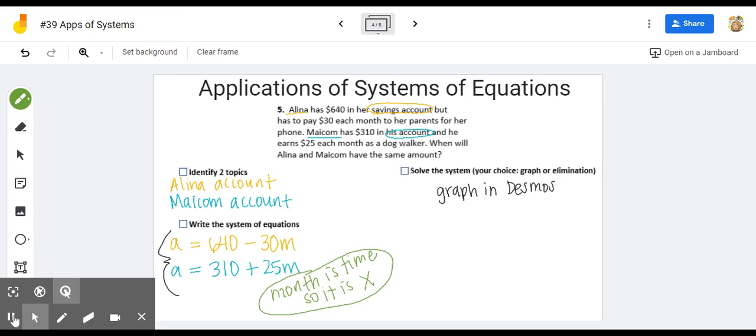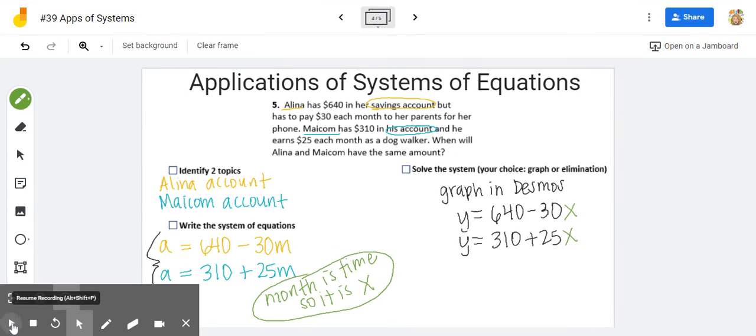Before we can type that into Desmos, though, we have to convert these into X's and Y's. And guys, any amount of time is always going to be the X. So since we're using M for months, the M is going to be replaced with the X because it's the amount of time. So now we can type that into Desmos and find our intersection point.